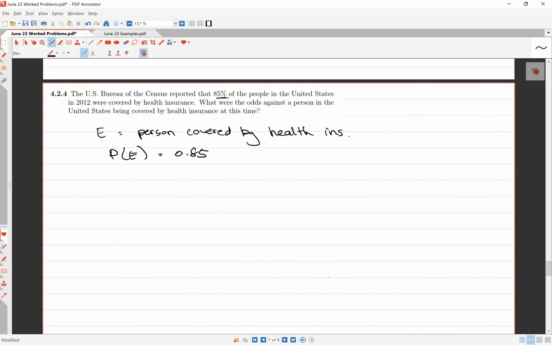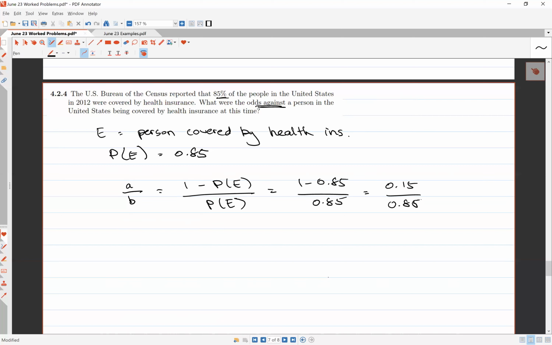We now want to convert that to odds. What are the odds against a person being covered by health insurance? Now, odds, you can always think of as a ratio, A over B, and that ratio is equal to 1 minus the probability of E divided by the probability of E. So in this case, if I plug in those numbers, I get 0.15 over 0.85.